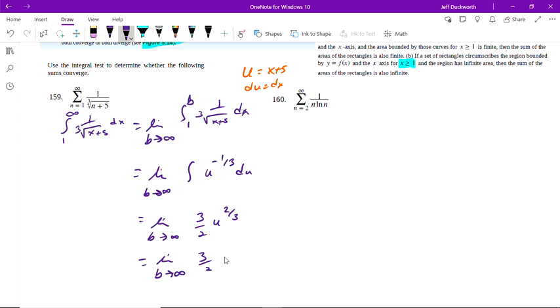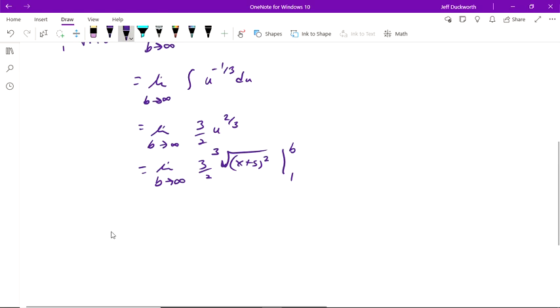So 3/2, let's go with x plus 5. This quantity is squared, and it's cube root outside. And we're evaluating all this from 1 to b. So our limit, we'll leave the 3/2 out.